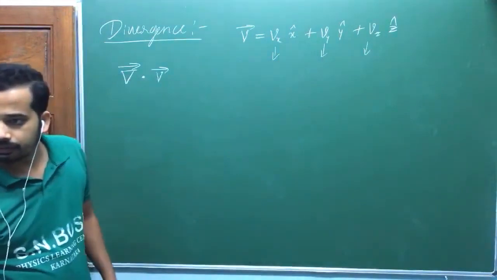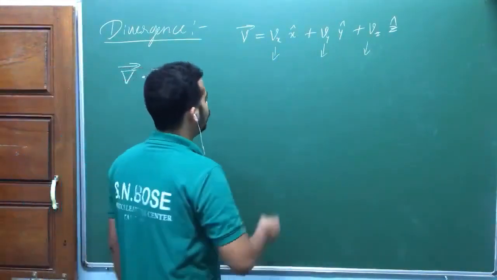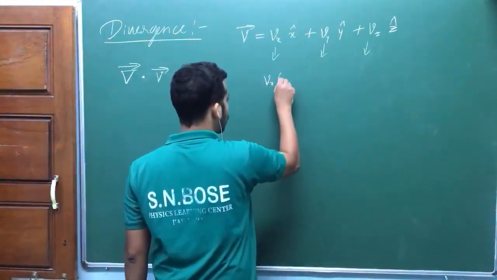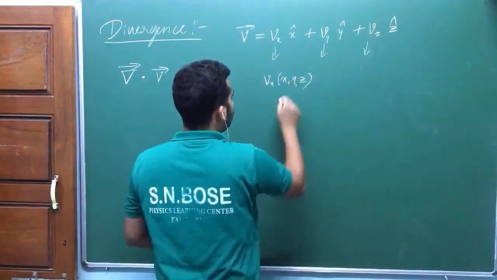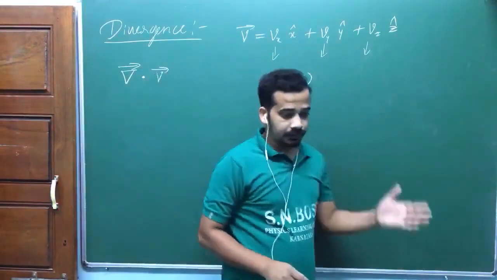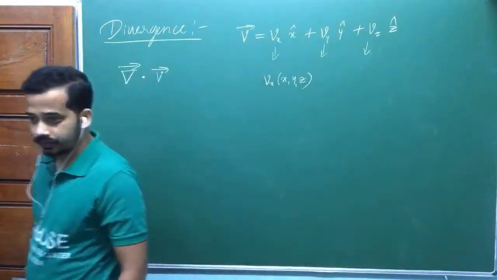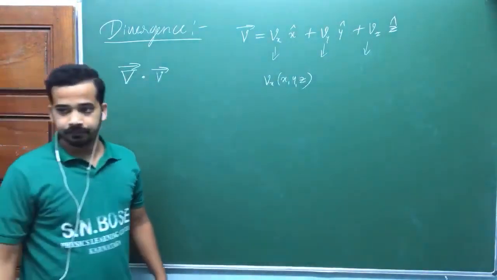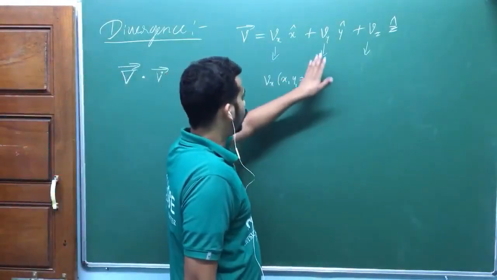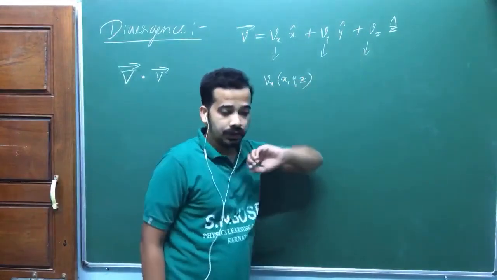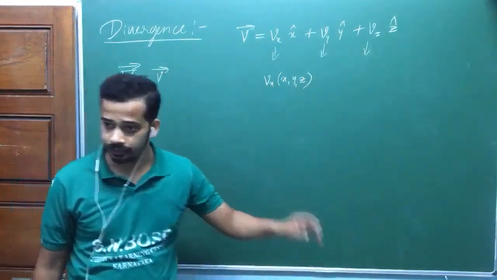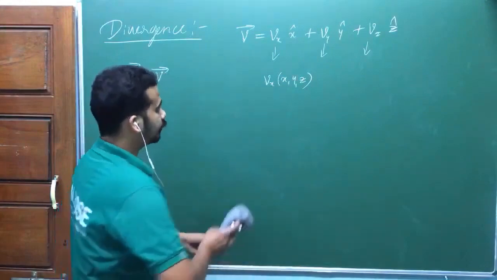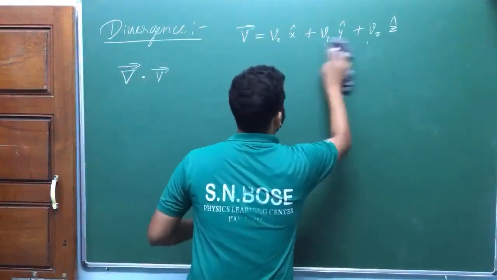I hope I told you the definition of vector field, am I right? Vx means Vx as a function of x comma y comma z. So that means vector field is a collection of 3 sets of functions. That's how I told, isn't it? Vx is also a function of x, y, z. Vy is also a function of x, y, z. Vz is also a function of x, y, z. Vector field idea, okay.